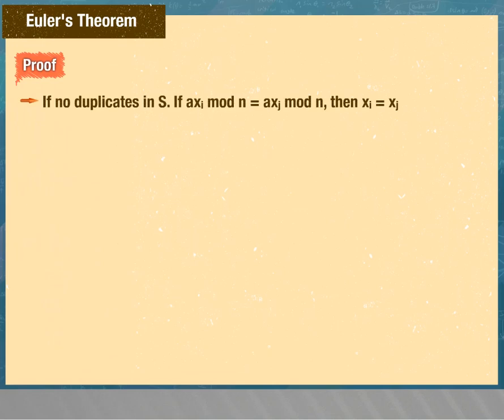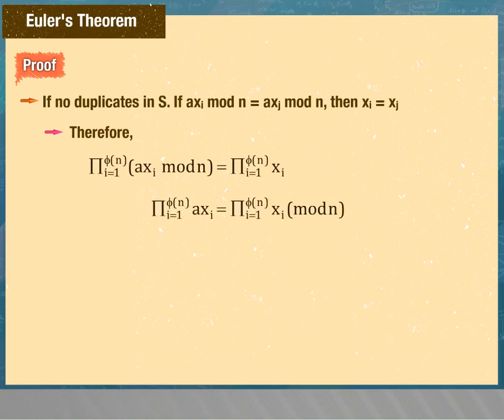There are no duplicates in S: if axi mod n is equal to axj mod n, then xi is equal to xj. Therefore, the product over i equal to 1 to phi of n of axi mod n is equal to the product over i equal to 1 to phi of n of xi. The product over i equal to 1 to phi of n of axi is equal to the product over i equal to 1 to phi of n of xi mod n.